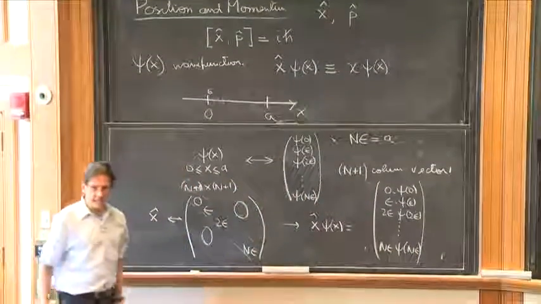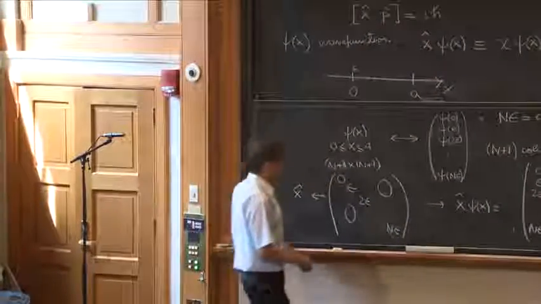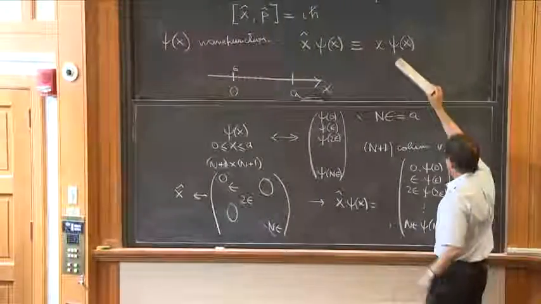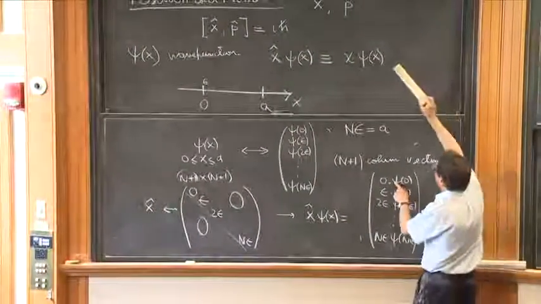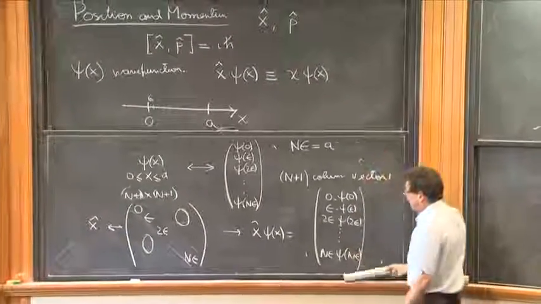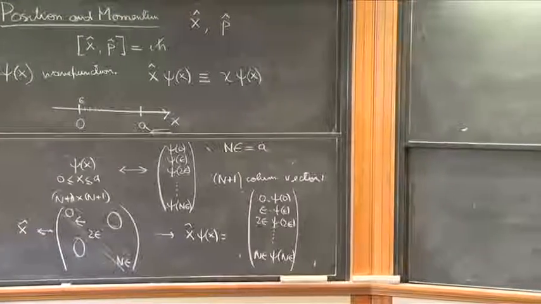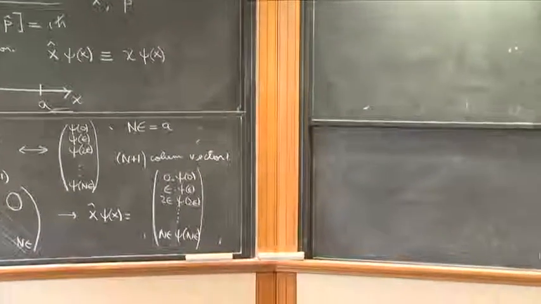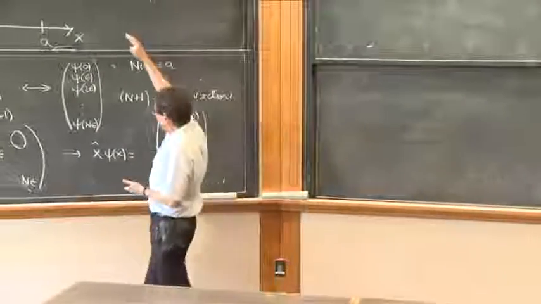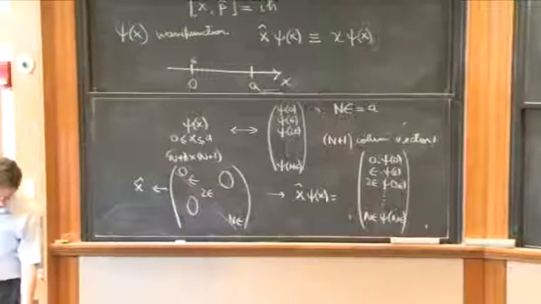And indeed, that vector looks like the one associated with this wave function, because here is the value at 0 of this wave function, here is the value at epsilon of this wave function, and so on. So this has worked out all right. We can think of the wave function as a column vector and then the position operator as a matrix as well.